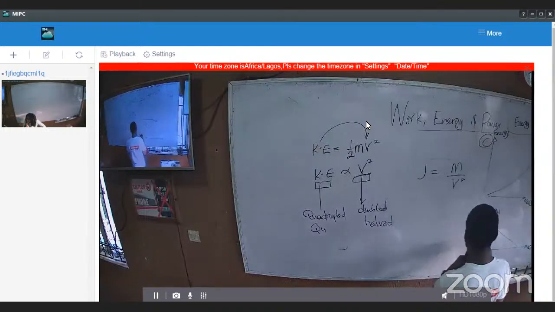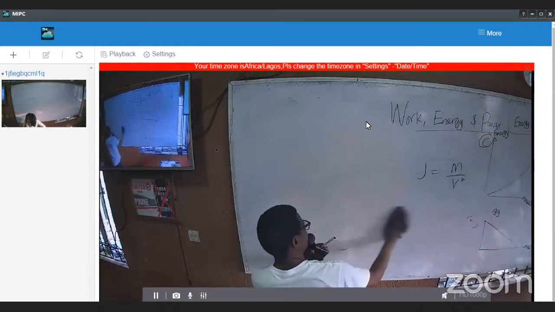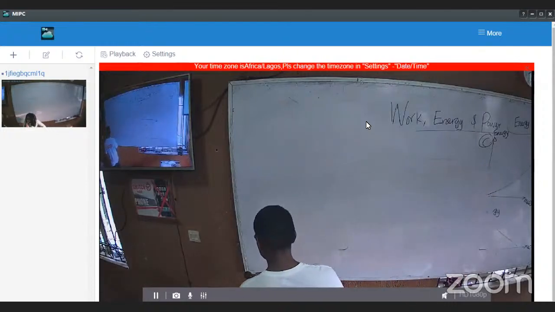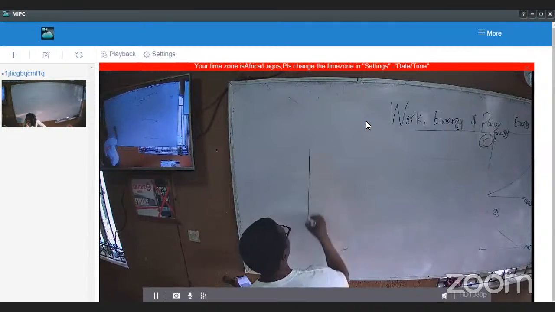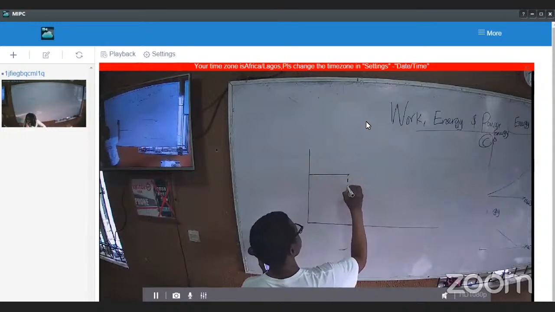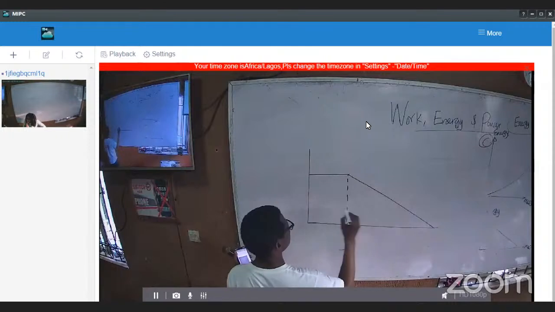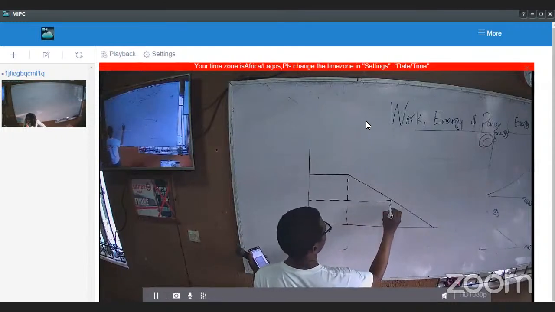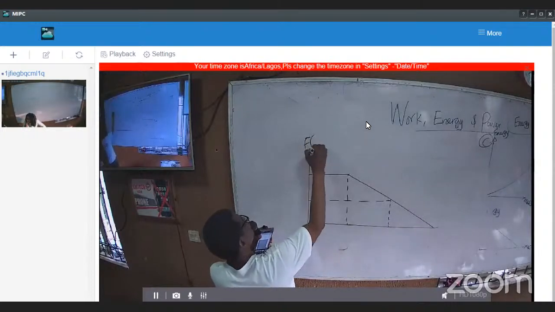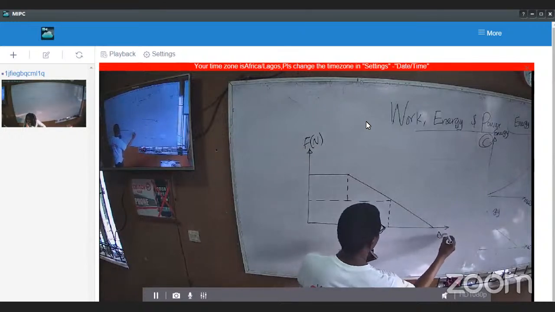Sketch. Force is in Newton, displacement in meter.